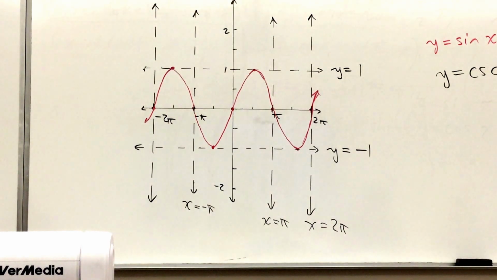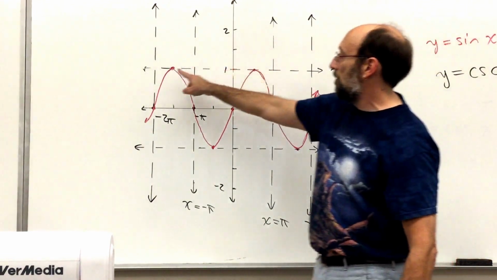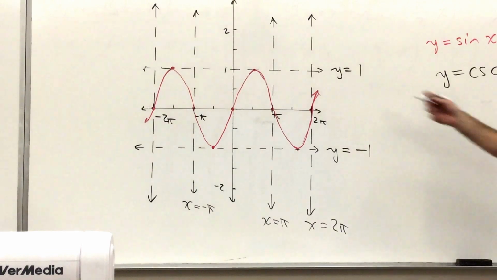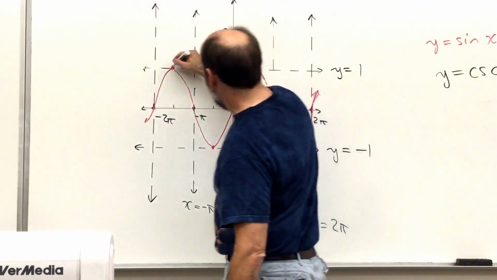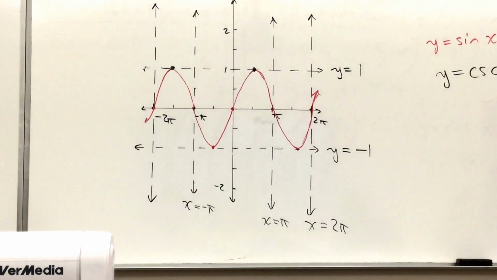It's 1. Okay, so wherever I have a sine function value equal to 1, that's where my cosecant function will also equal 1. So the reciprocal of 1 is 1, so I'm going to have a point here at y equals 1 for my cosecant. And similarly, whenever the sine function is -1, its reciprocal, or the cosecant of that value, is also going to be -1, right? The reciprocal of -1 is -1.